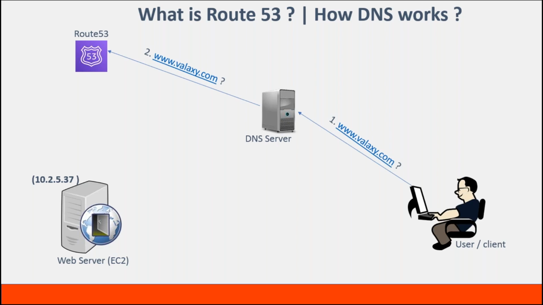AWS has one more service called Route 53. Maybe this is the second service that I'm discussing in AWS. The AWS Route 53 service is the service to give you the domain resolution. So the request is forwarded to AWS Route 53.